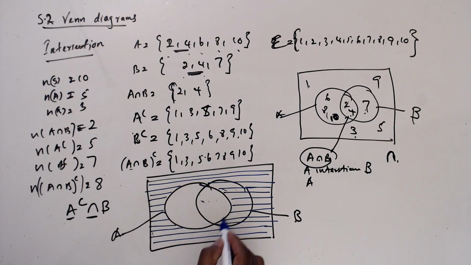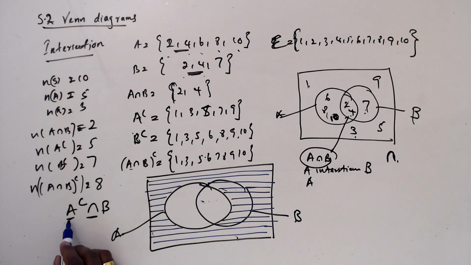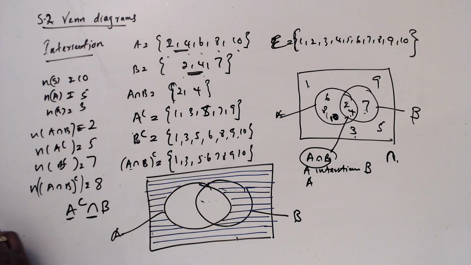I only left A because A complement means not belonging to A. I mark the A area.